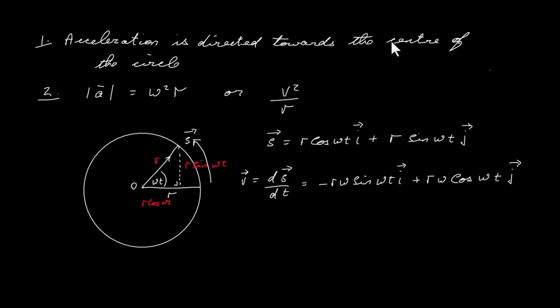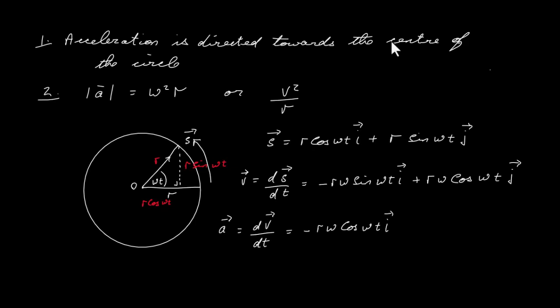So let's go one more step now and do the acceleration vector. So acceleration is just going to be velocity differentiated with respect to time. So again here we've got to differentiate this and we've got to differentiate this here. If we differentiate sine, we'll get cos, so it's going to be minus r omega cos omega t in the i direction.